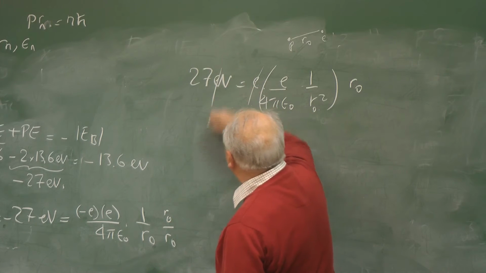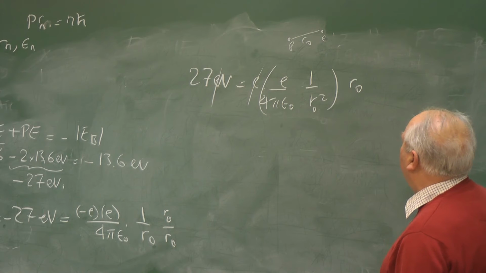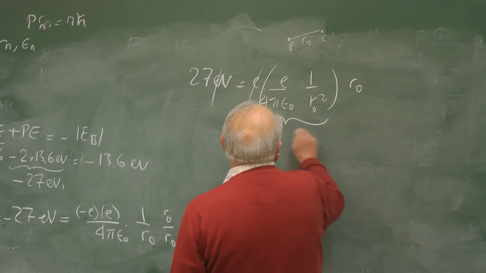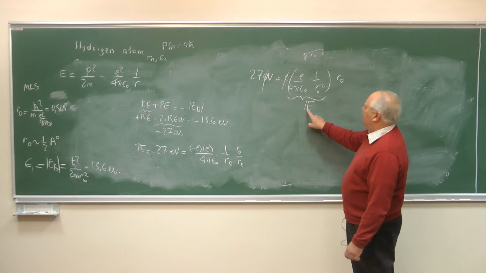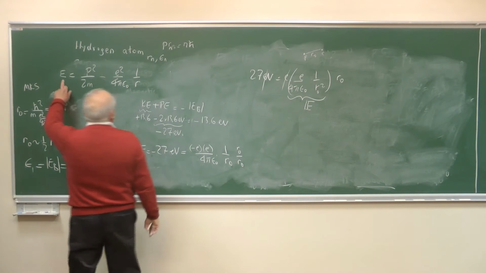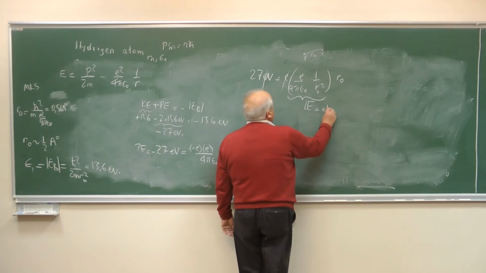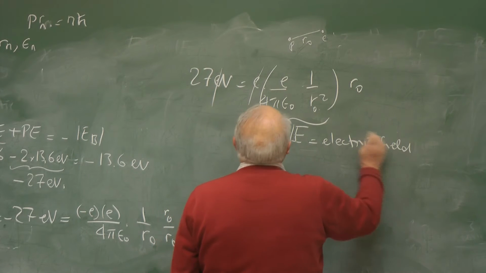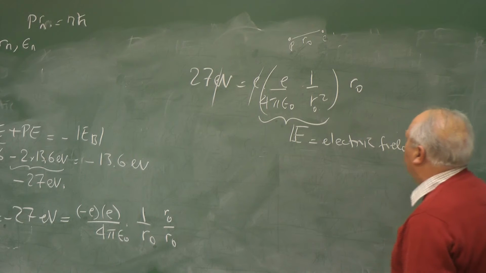So the beauty is that I can cancel these. And this is just the electric field. Let me denote it like this with double lines so that we don't get confused with the energy. This is the electric field due to the proton at the site of the electron.